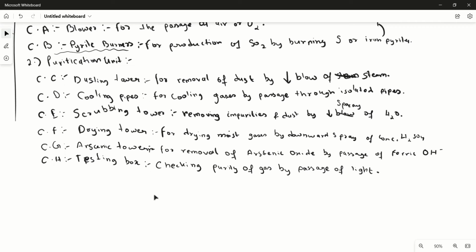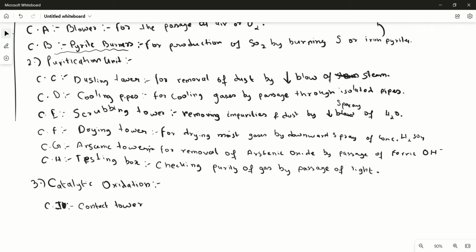Pure SO2. Now, we reach catalytic oxidation. In this we only have one tower, chamber I. Chamber I is called the contact tower. Recap.